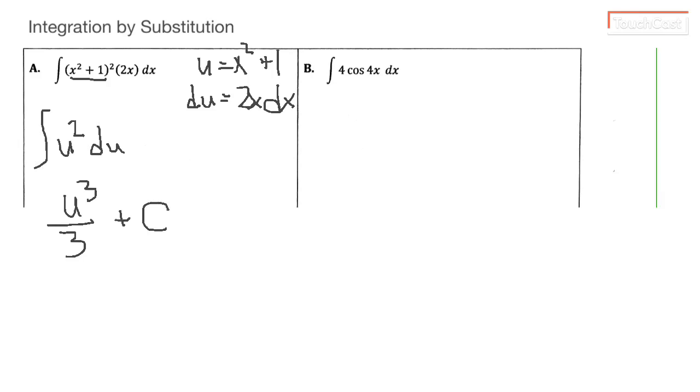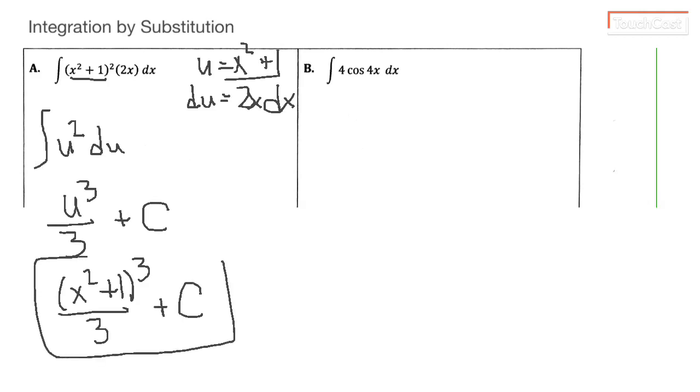But now what we're going to do is replace u with what we said u is equal to. So we're going to put x squared plus 1 in for u. So we're going to have x squared plus 1 to the power of 3 divided by 3 plus c. And that is going to be our answer to example 1a.